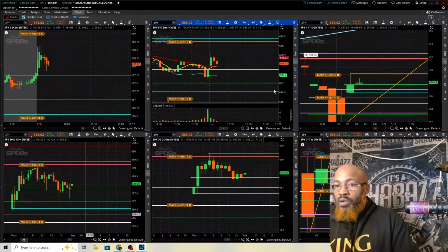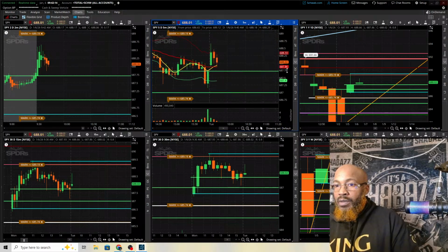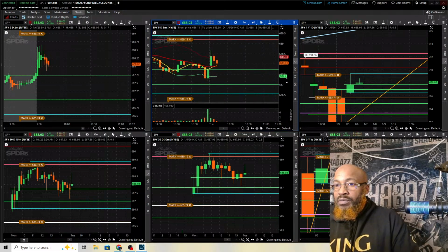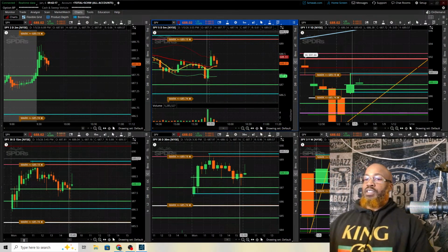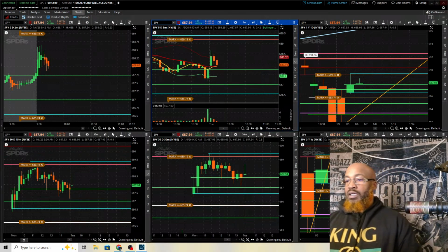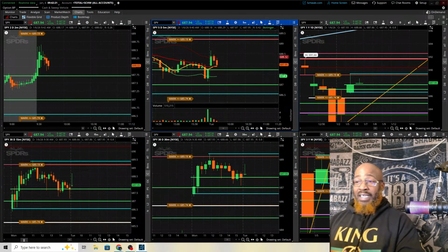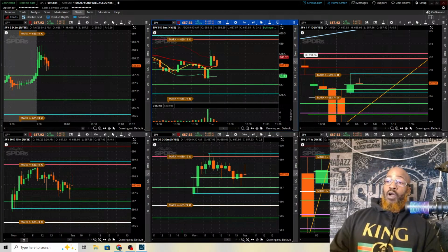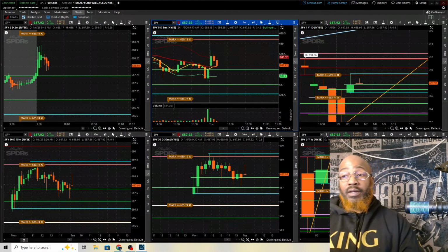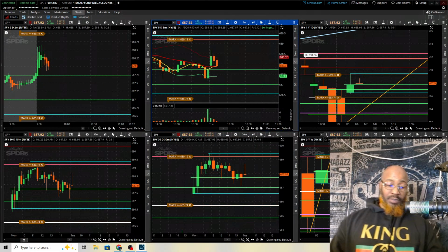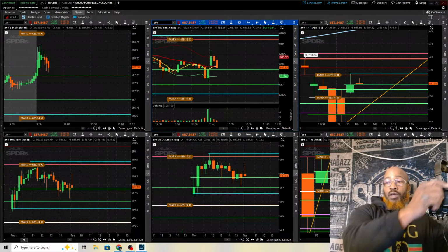We'll go with this view right here. Very nice view. You can see everything. The daily is on the verge of going from green to red. That is a huge possibility, very early as well.